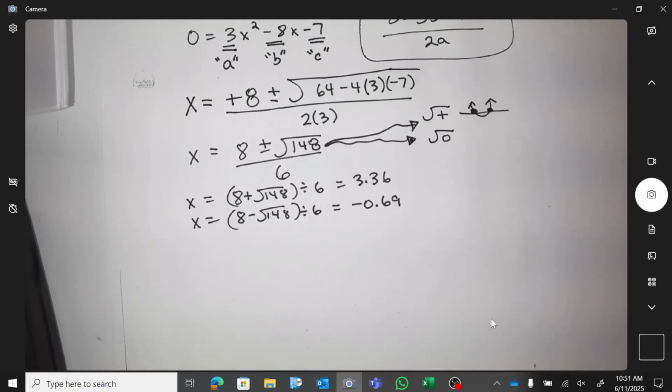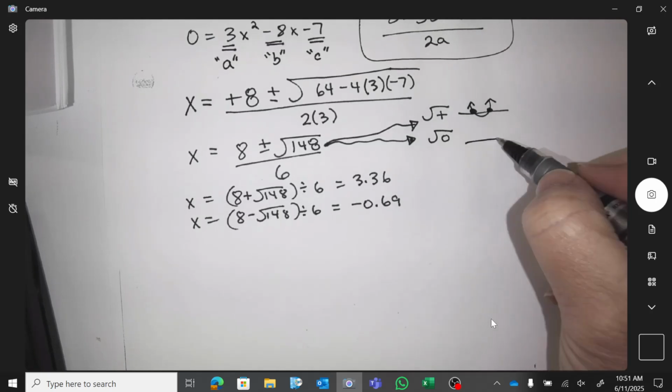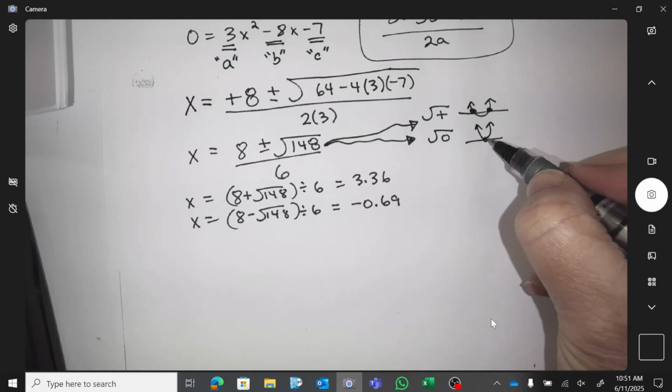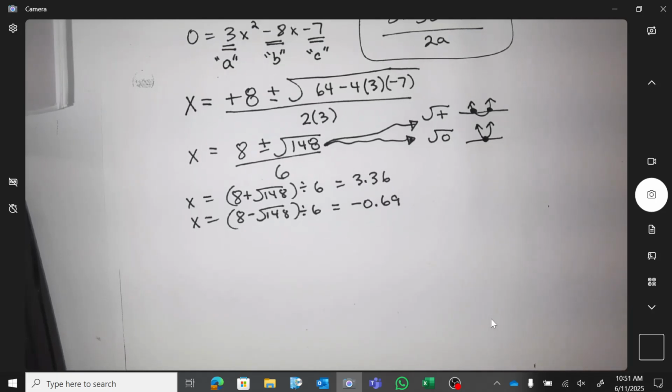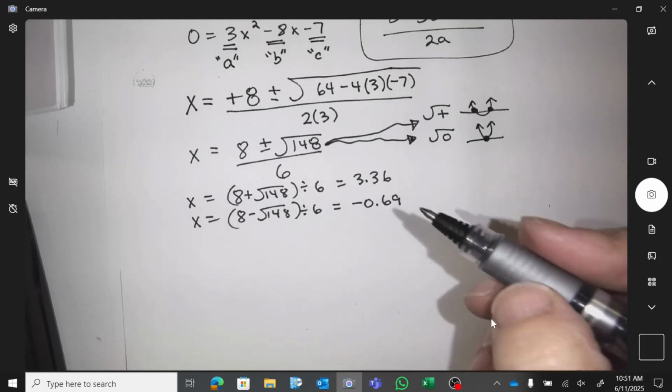What if that square root was 0? Can you square root 0? Yes. If I add 0 or subtract 0, is it creating 2 different values? No. So it will have, what do you think? 1 answer to it, right? Because if you add 0, subtract 0.